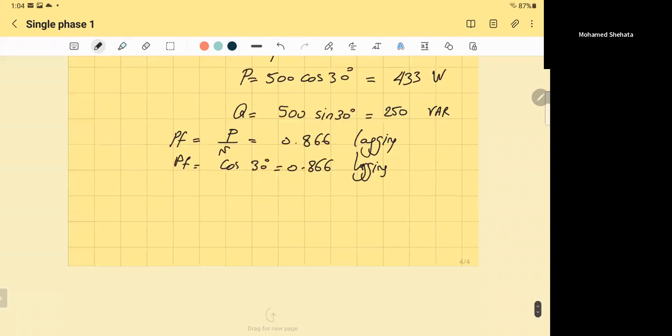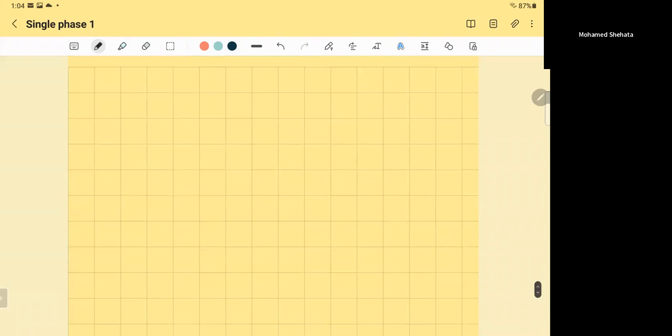Let me clear this point. What your friend is saying is right, but when he uses the current and the voltage. So if you have the voltage and you have the current leading, say that I leads the voltage.